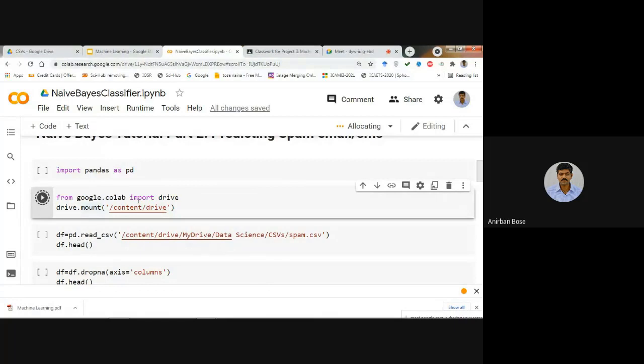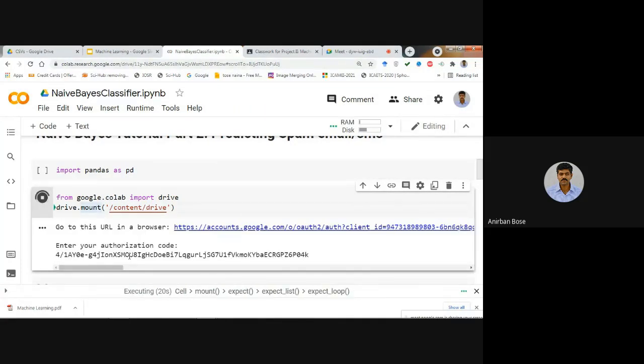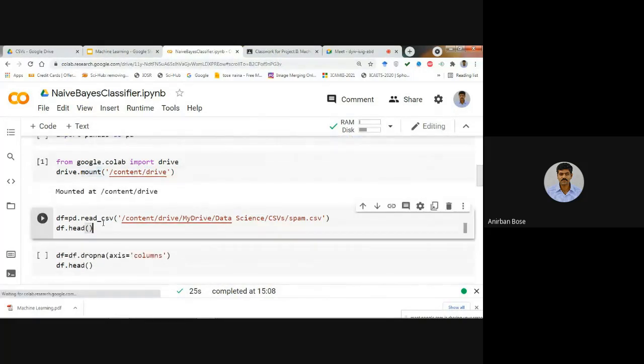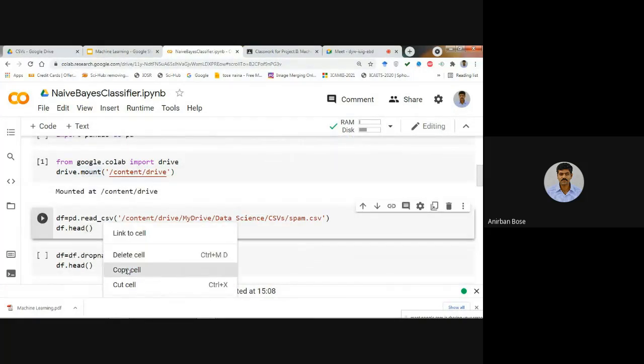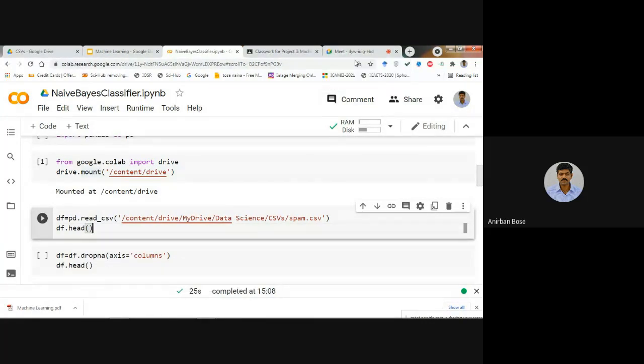Let me execute this one to import drive. Okay, after importing drive, you load the spam file.